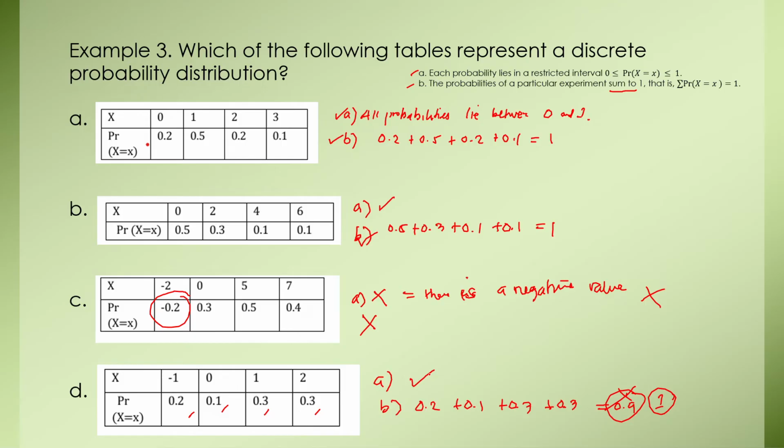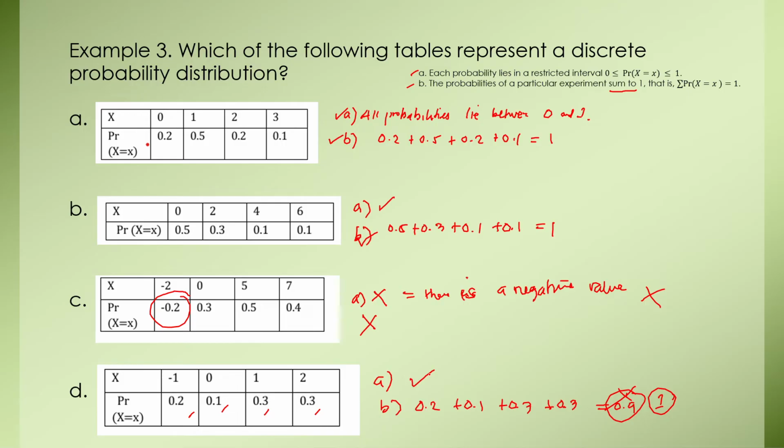Okay, so I hope you understood all about representing a discrete probability distribution. The first characteristic is that each probability lies in a closed interval between 0 and 1, because 0 is included and 1 is included.